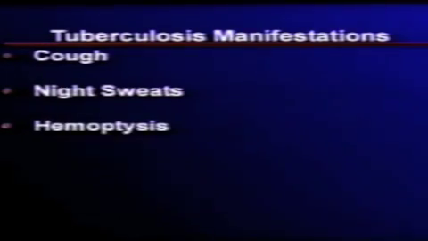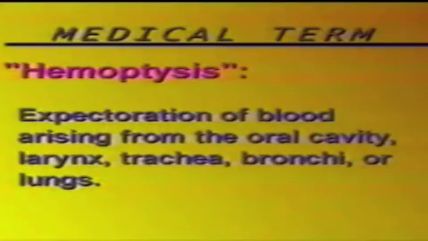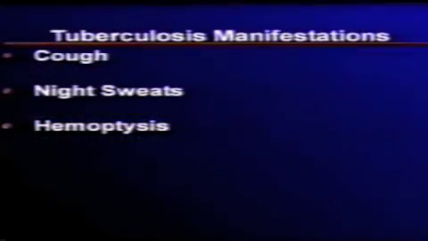Hemoptysis is also another symptom, and remember, hemoptysis is where you see blood in your sputum. Now, we're going to talk about other lung disorders, and that also is common in, for example, lung cancer, but coupled with all of these other symptoms, it would also lead you to TB.